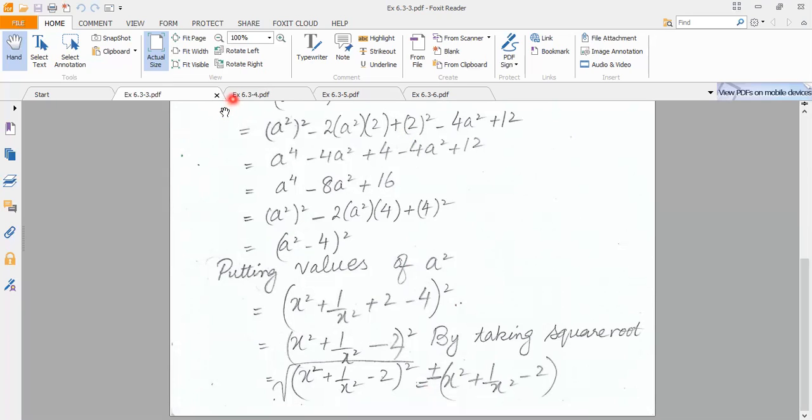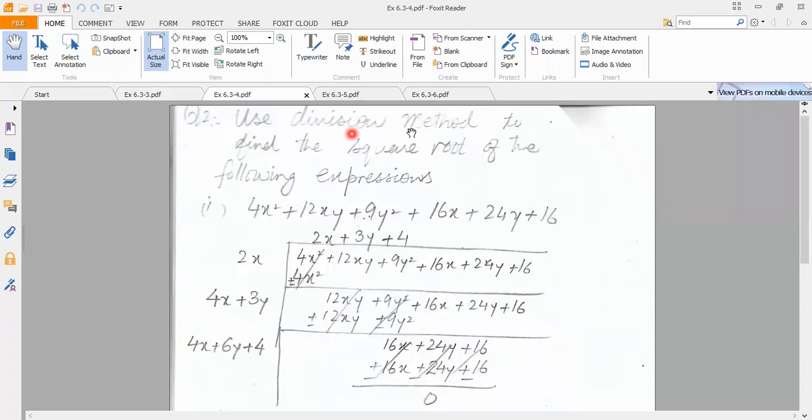Now come to the next question. Next question is question number 2. Use the division method to find the square root of the following expression. The division method is applied here to find the square root.